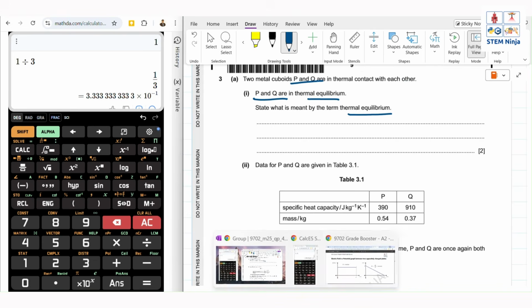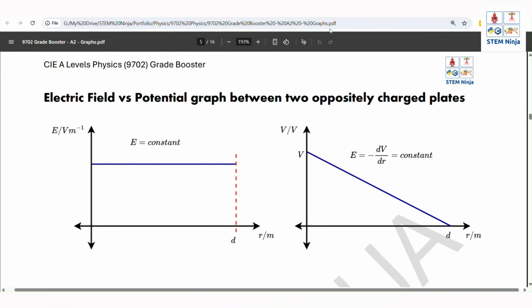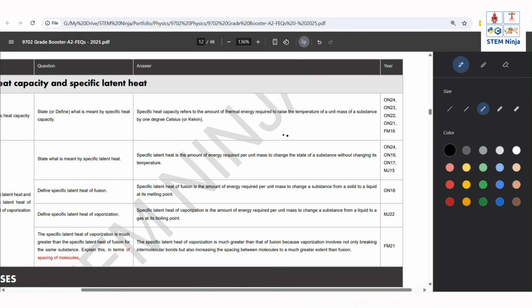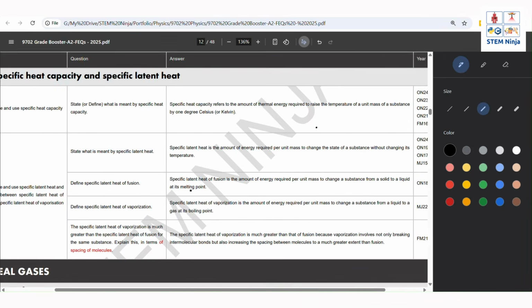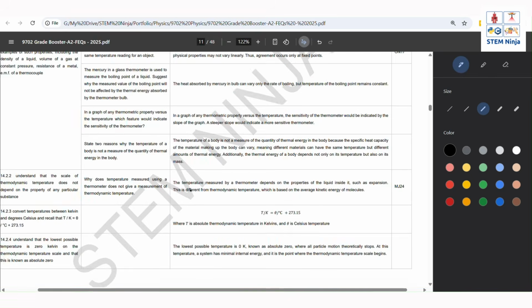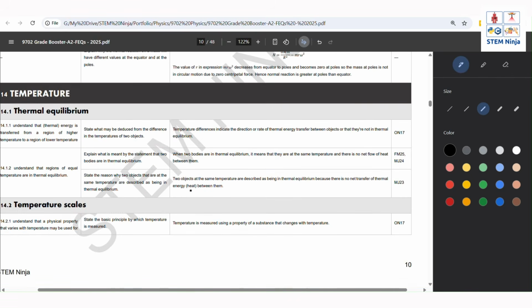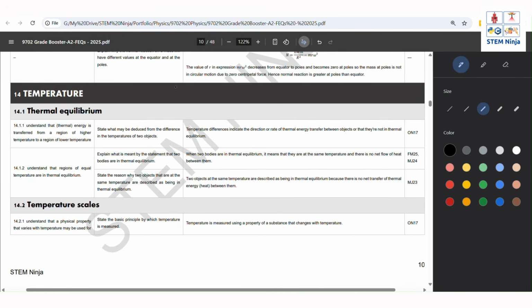So again, let's show you where you can find this over here. This is the temperature chapter. Explain what is meant by a statement that two bodies are in thermal equilibrium. It means that they are at the same temperature and there is no net flow of heat between them.